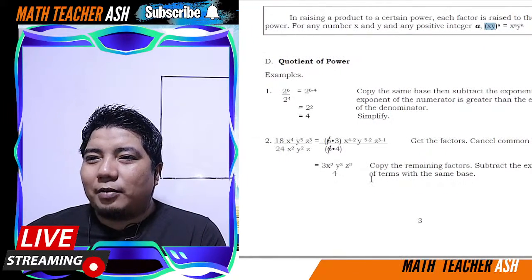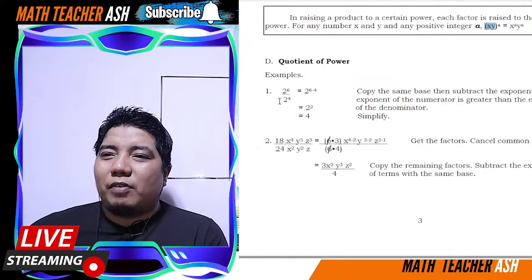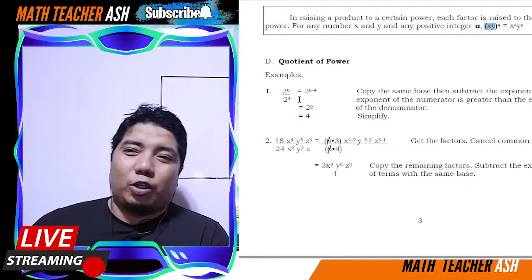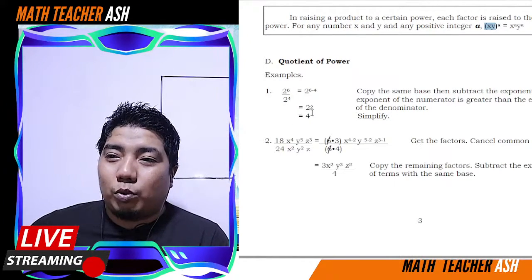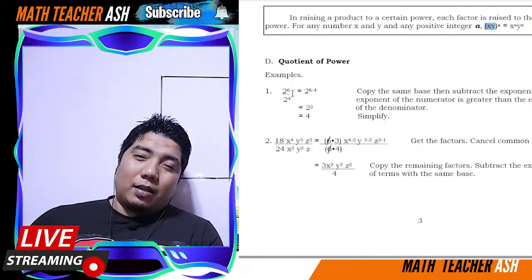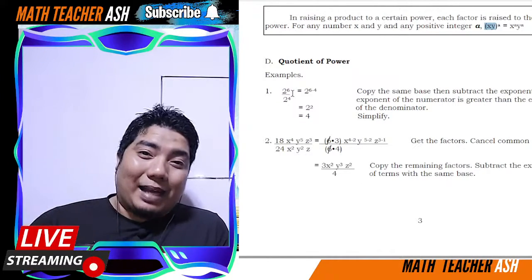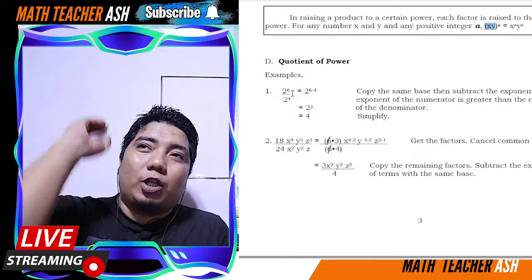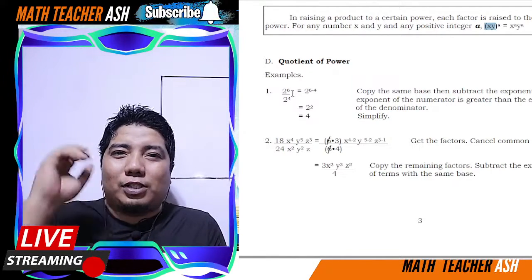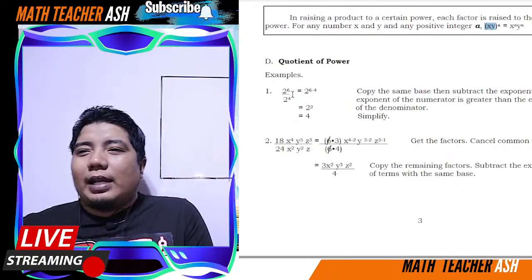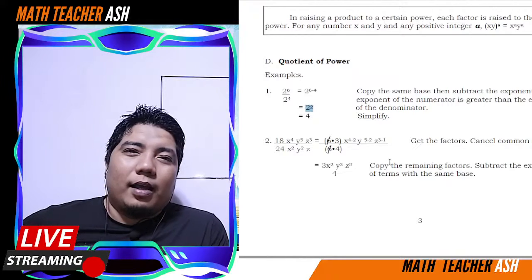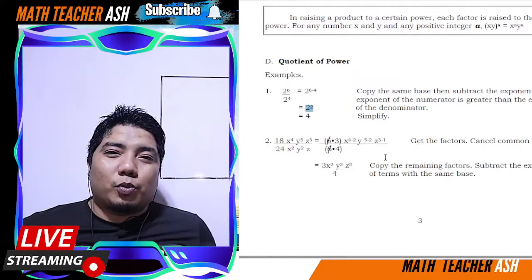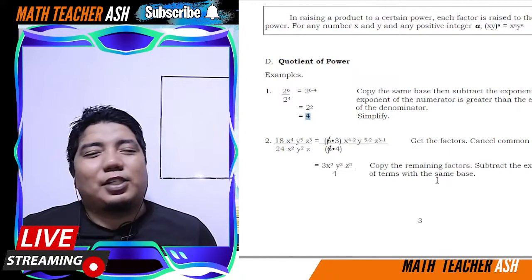For example, we have here 2 to the power of 6 divided by 2 to the power of 4. So what you can do is you just copy 2 because they have the same base, but you will subtract the exponents from the numerator to the denominator. So 6 minus 4, and that will give you 2. Of course, 2 to the power of 2 or 2 squared is equal to 4. So 4 is your final answer.